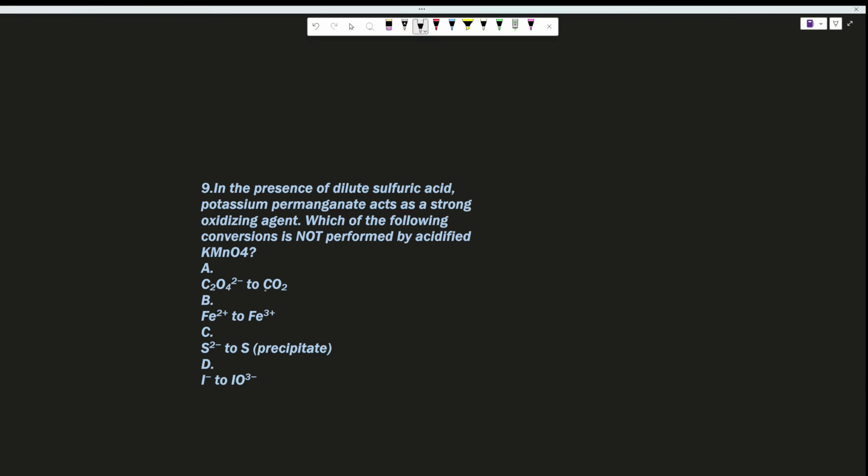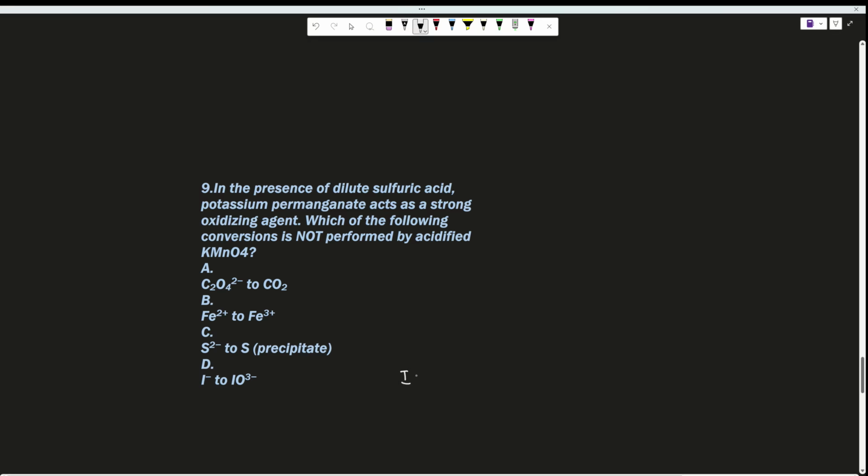This changes to CO2, that is correct. Fe2+ to Fe3+ is correct. S2- is precipitated to sulfur. But this one, I- changes to I2 in acid medium. Okay. IO3- is in neutral or faintly alkaline medium. Okay. So this conversion won't happen in acid medium.